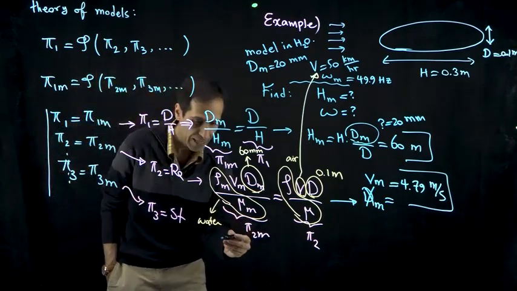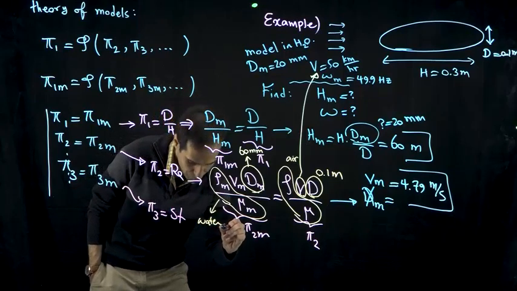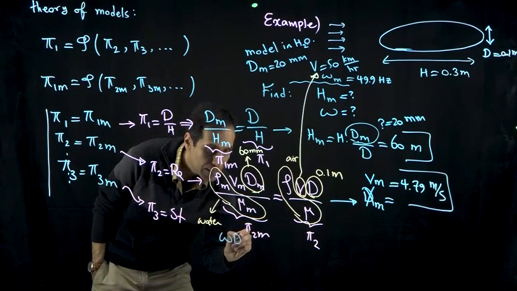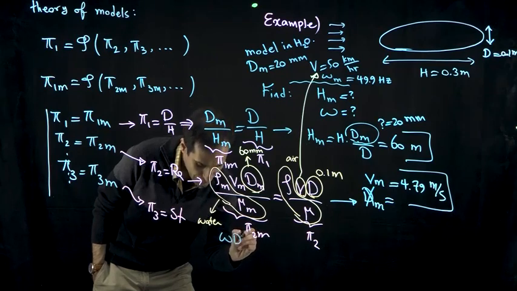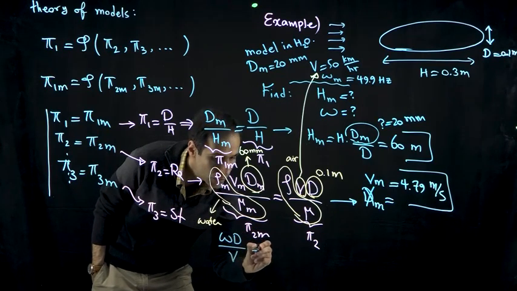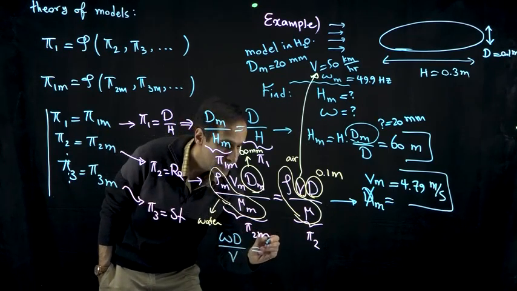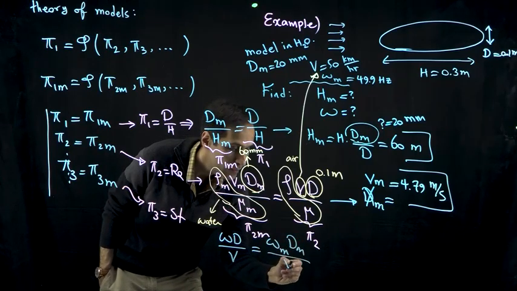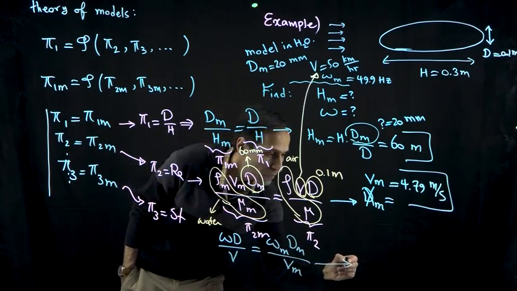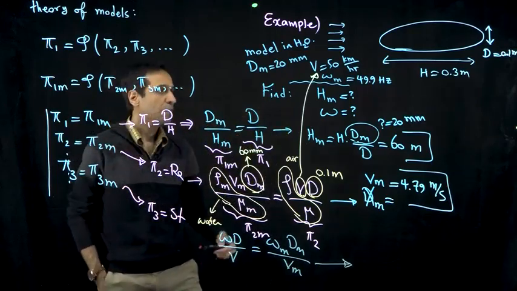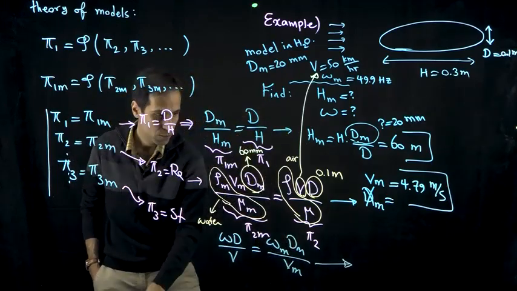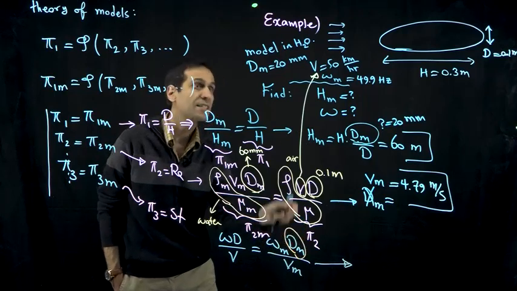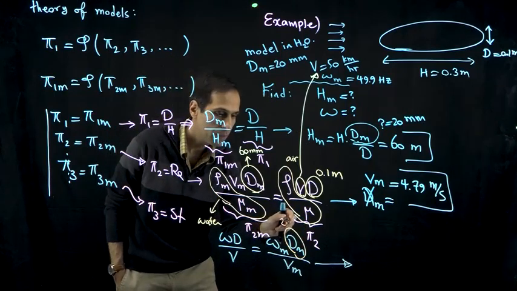The Strouhal number, omega d divided by v for the prototype, is omega model d model divided by v model. D model is given as 20 millimeter.